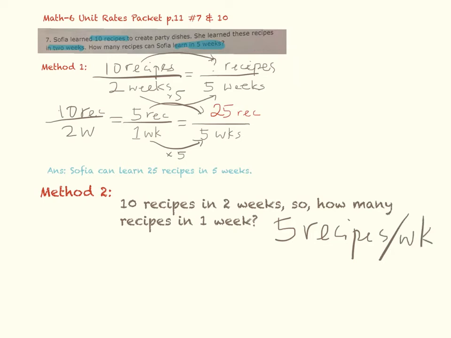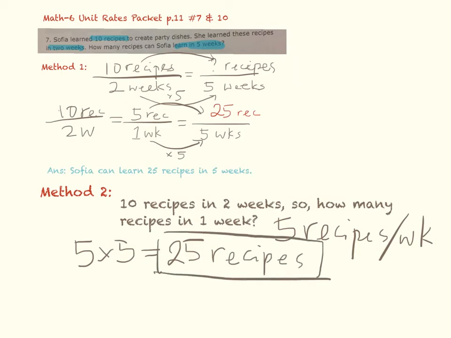And so now pretty much you can do the rest in your head. In 5 weeks, 5 recipes a week, all you have to do is 5 times 5, which is 25. And again, don't forget your unit, so 25 recipes. 25 recipes in 5 weeks, that is your answer.